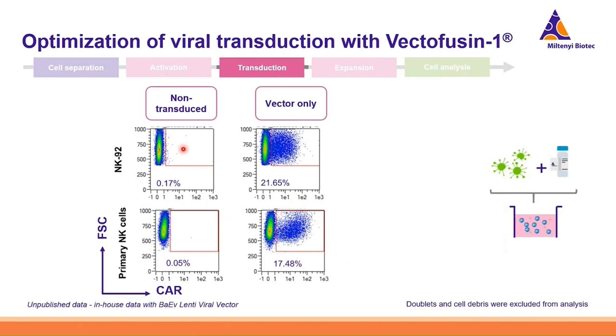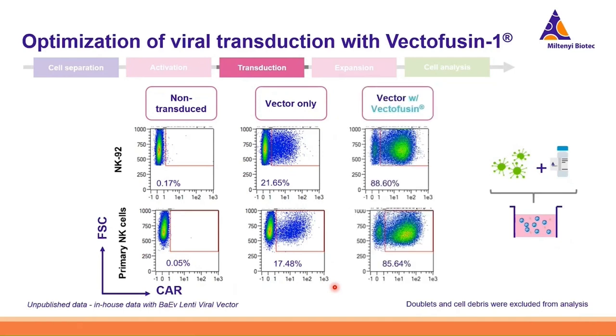The first row shows cells which have not been transduced, then NK cells which have only been transduced with a baboon envelope lentiviral vector. And then here, the last row, where the vector together with Vectofusin has been used. And you can nicely see that the transduction efficiency increases from 17 or 20% up to 80 to 90%.